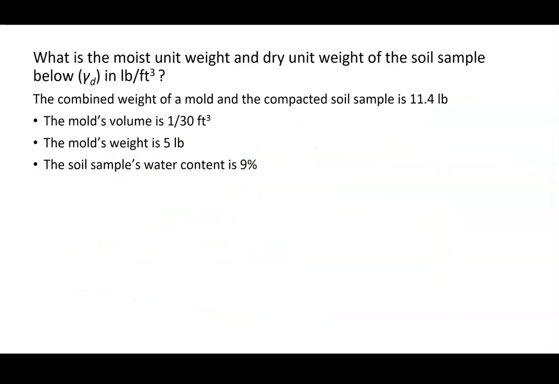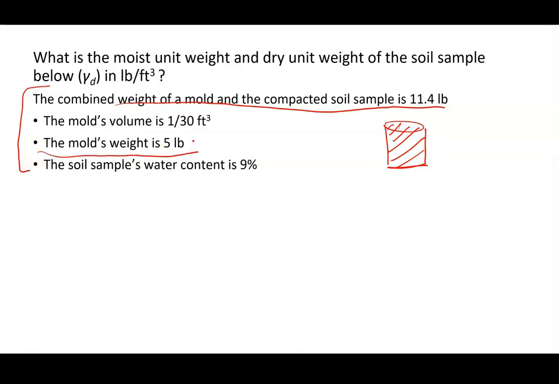So for example, if we have the result from one trial of a compaction test, then we can calculate dry unit weight. We used a mold, compacted soil in this mold. Weight of mold and compacted soil is 11.4 pound, and mold when it's empty is 5 pound.